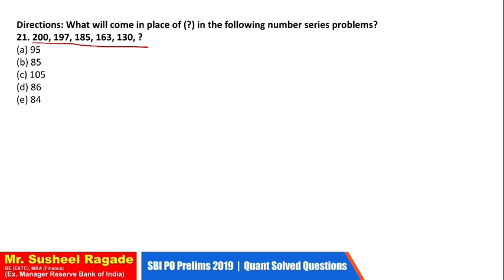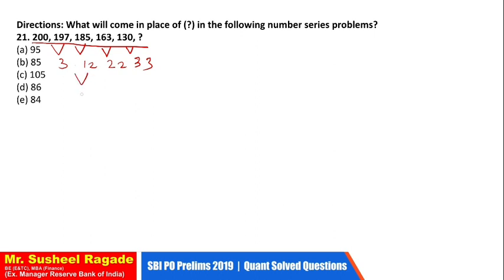So the basic part is that first we have to take the difference. So this difference is 3, then now this is 12, this is 22, this is 33. So now we will again take the difference.